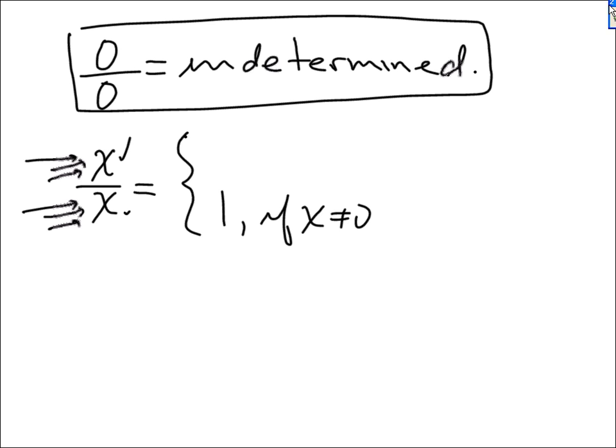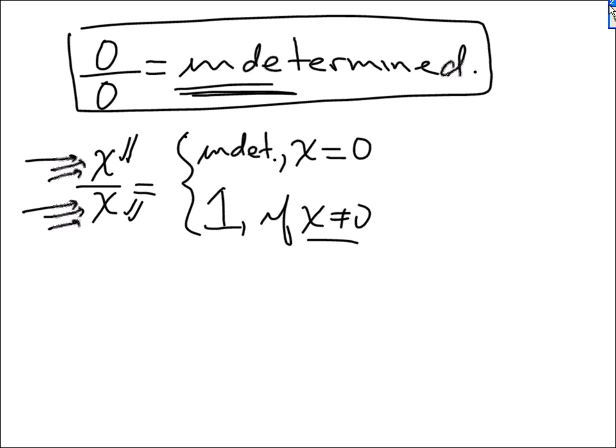A half divided by a half is 1. 2/3 divided by 2/3 is 1. But 0 divided by 0 is not 1. 0 over 0 is indeterminate, and that's what happens when x is 0. As long as the top and the bottom are the same, and they're not 0, then you get good old 1.